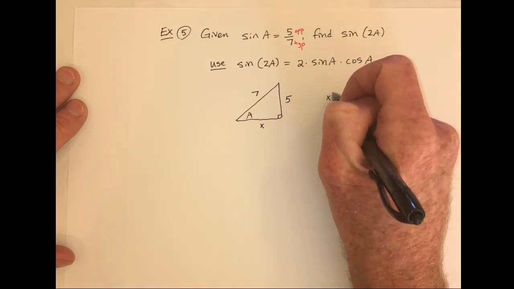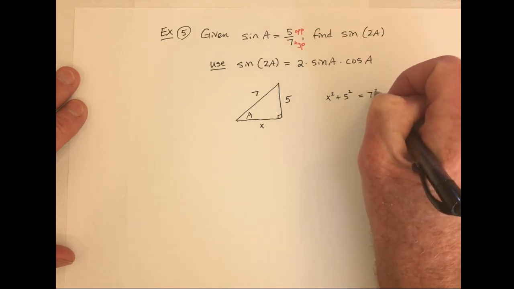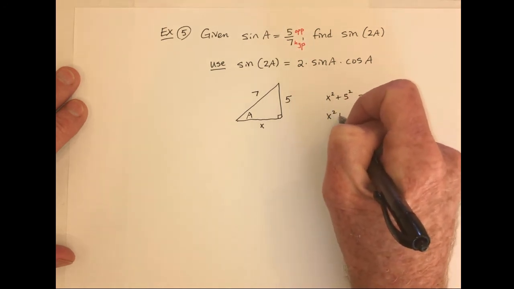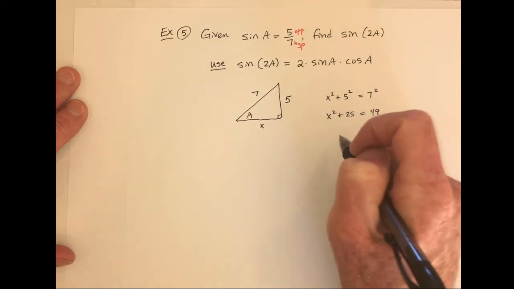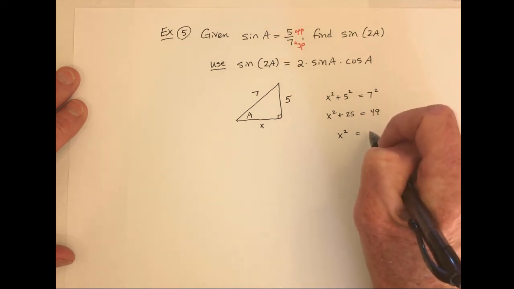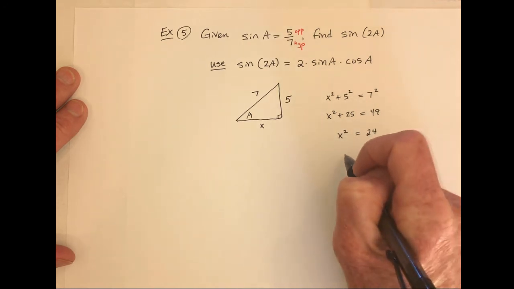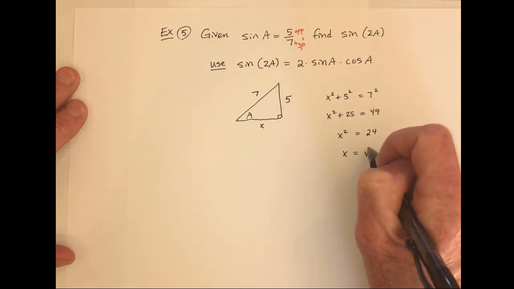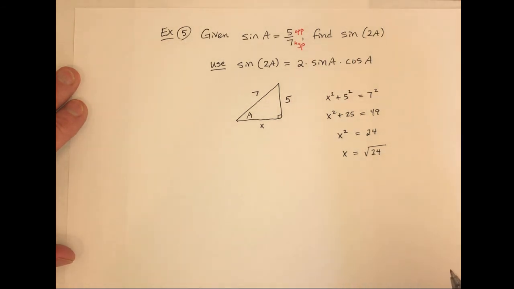So we'd have x squared plus 5 squared equals 7 squared. Or x squared plus 25 equals 49. And then subtract 25 from both sides. 49 minus 25 is going to be 24. And then take the square root, so x equals the square root of 24.